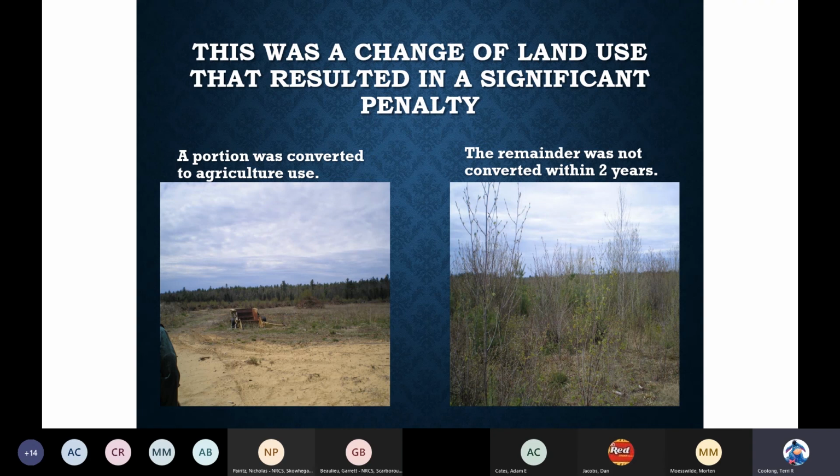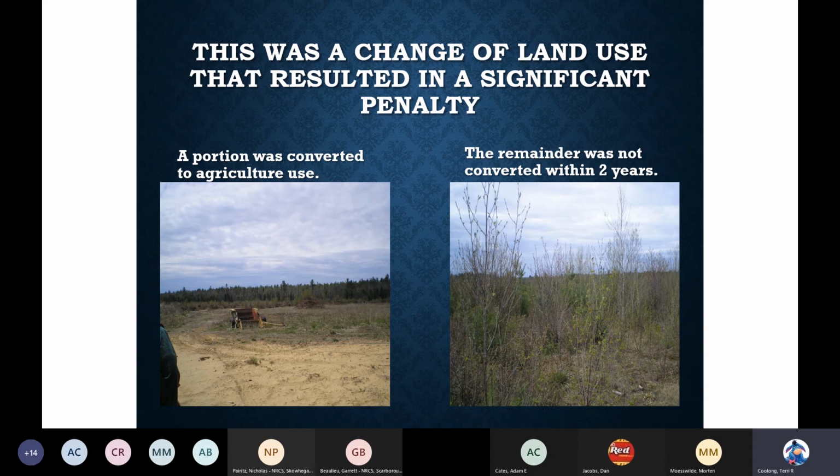So here's a change of land use that resulted in a pretty significant penalty. I'd like to say that they bit off more than they could chew. They got part of it done. They got the stumps out and got it ready to plow and to furrow. And then this other part, they just ran out of steam.